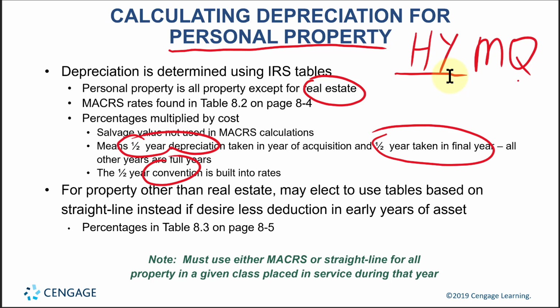Okay, so that means if you have a 5 year property, if you take only half year in the first year, that means the 5 years is going to be really spread over 6 years, half in the first and half in the last, the 6th year. Same thing with a 7 year property, half in the first and half in the 8th year, totaling up to 7 years.